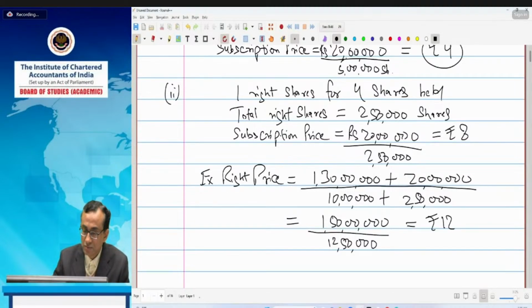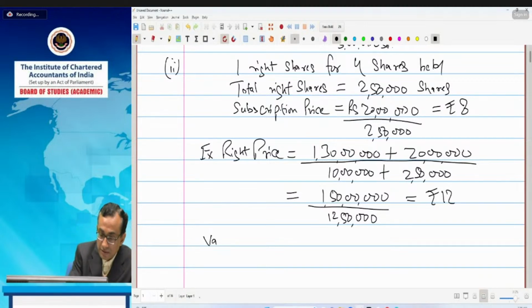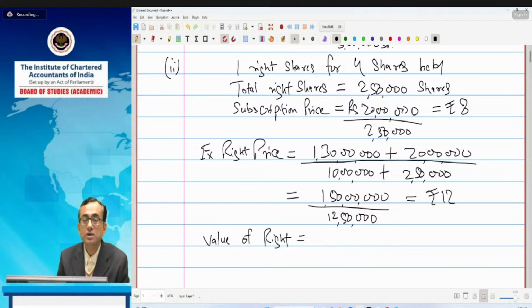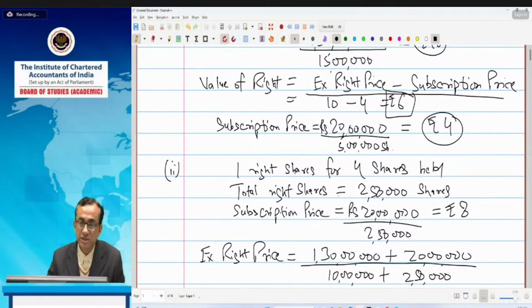Is coming to 12. Now we will calculate the value. Same procedure as in the case of 1. So value of right is equal to X right price minus subscription price. How is it calculated? This here. X right price minus subscription price.